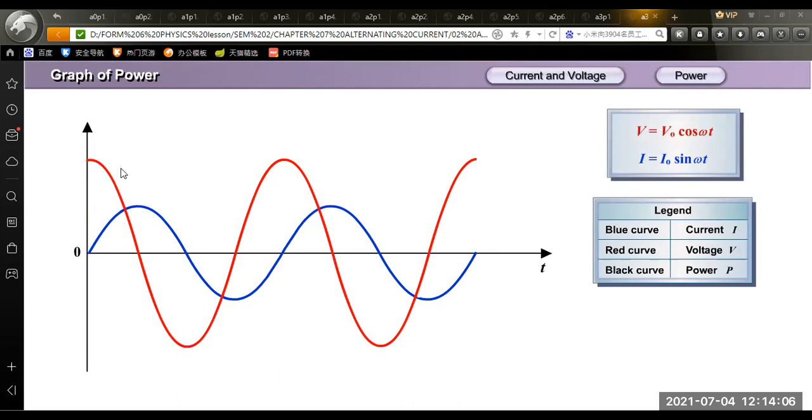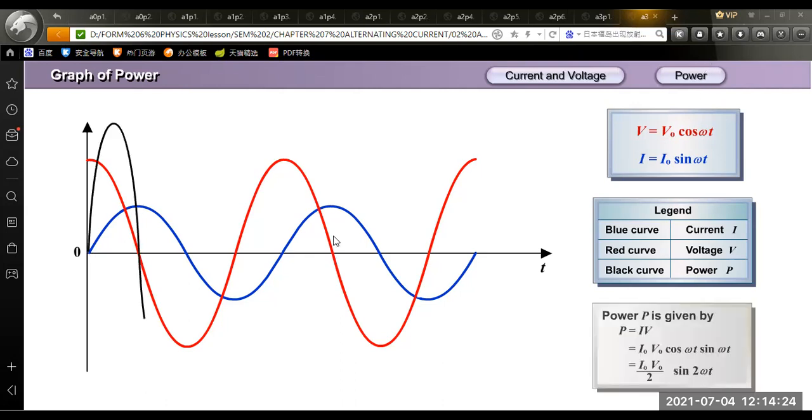How about the power? You see the power is maximum and zero. Since P is equal to IV, it will be zero here. Maximum and zero again, and it will be zero here. So at the end, we notice that the power will be like that.